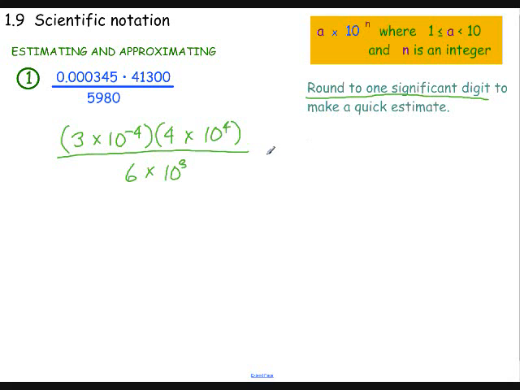So let me put all my integers together. I'm going to have 3 times 4, which is 12 over 6. And for my base 10, I'm going to add these two, which gives me what? 0, 10 to the 0. Okay, so this is times 10 to the 0 divided by 10 to the third.